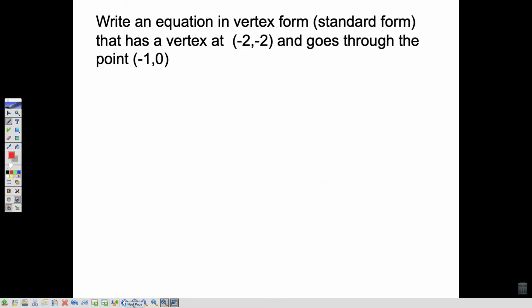Okay. Write the equation in vertex form, or standard form, that has the vertex of -2, -2 and goes through the point -1, 0. I would like you to attempt to do this on your own. No one talk.